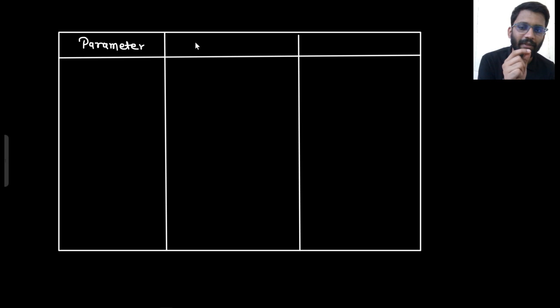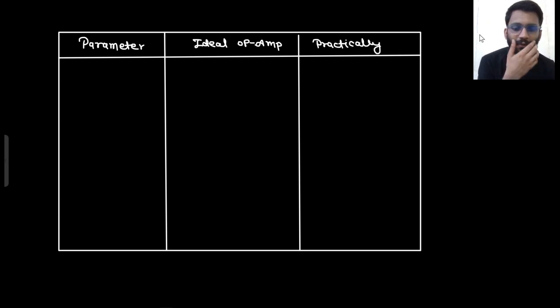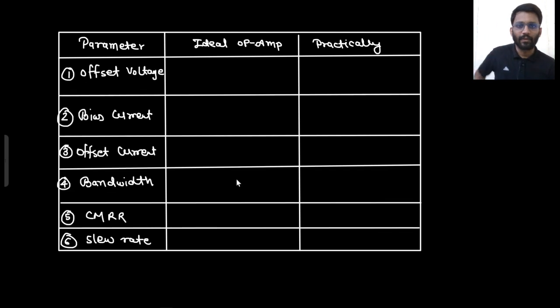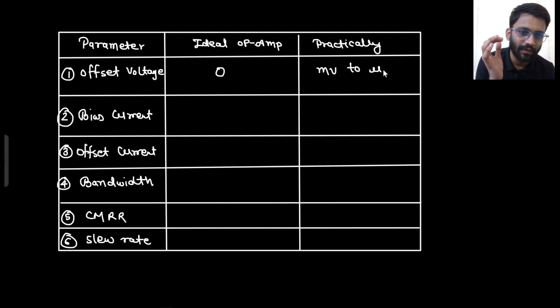What is the value of that parameter for an ideal OpAmp? And what do you get practically? Okay, so let me make the table. What should be the offset voltage for an ideal OpAmp? It should be 0 volt, right? There should be no offset, but practically it is from 0 volt to some microvolt.